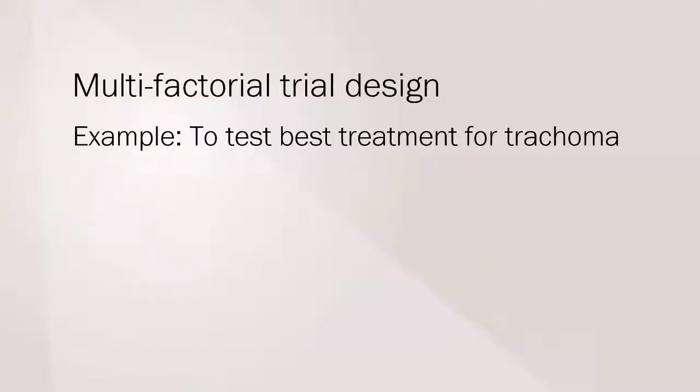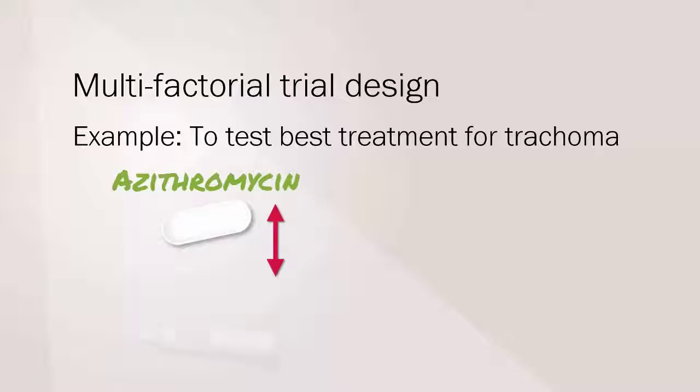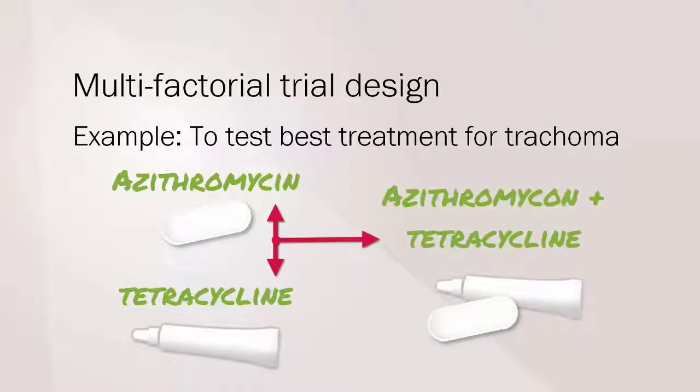For example, to test the best treatment for trachoma, we could compare azithromycin, which is a systemic treatment, against a topical ointment, tetracycline, against the combination of both of them together. This allows investigators to answer more than one research question for a marginal increase in cost. It also allows us to evaluate if there is any interaction between different interventions.